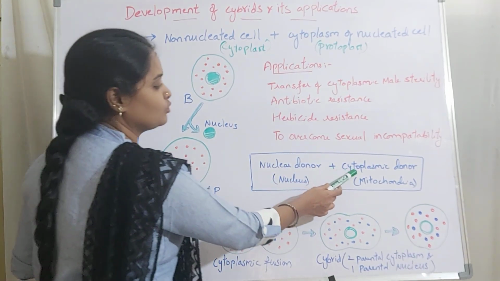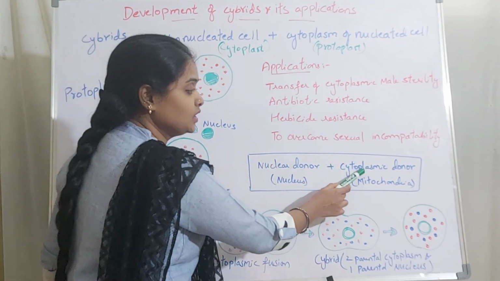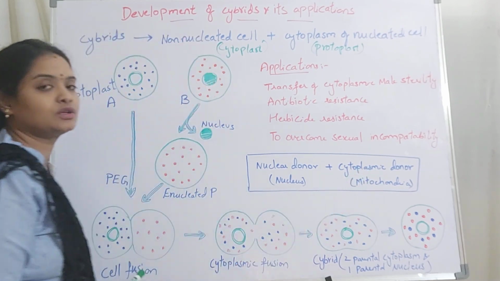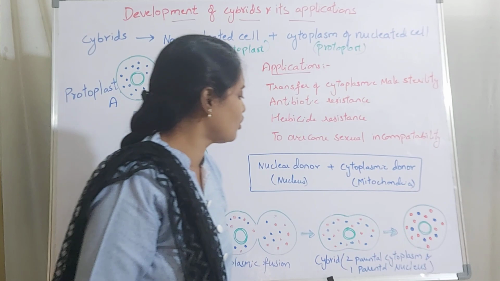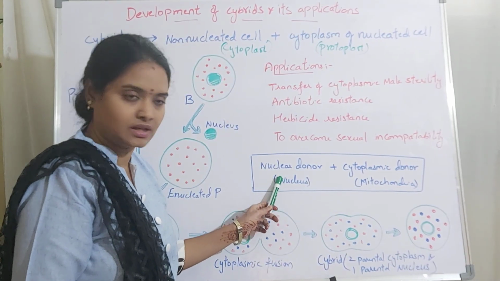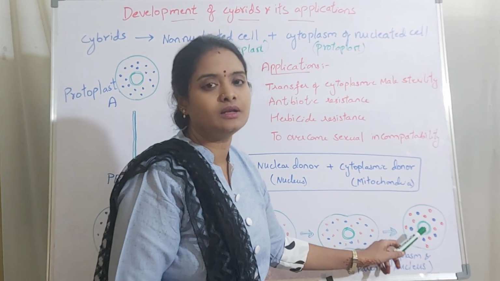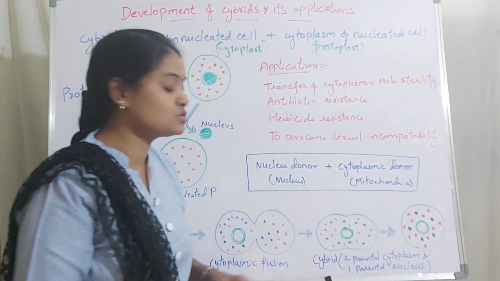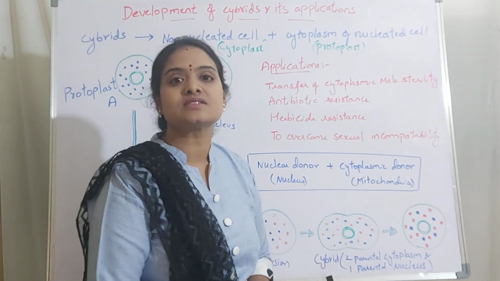Whereas in the second one, the cytoplasmic donor, you are removing the nucleus because you want only the mitochondrial DNA to be expressed. So now the cybrid plant consists of the nucleus of plant A and the mitochondria of both plant A and plant B. Is that clear? So as a result, you are going to produce a new or novel plant variety which is referred to as cybrid.